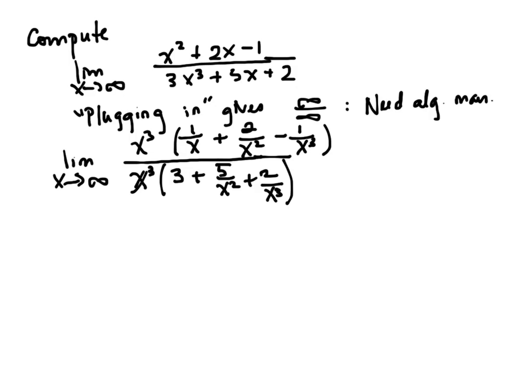So now these x cubes cancel, and we can again think about plugging in. Now, all of these terms with x's in the denominator, 1 over x, 2 over x squared, 1 over x cubed, 2 over x cubed, 5 over x squared, as x gets very large, all of those fractions will get very small and will all go to 0.